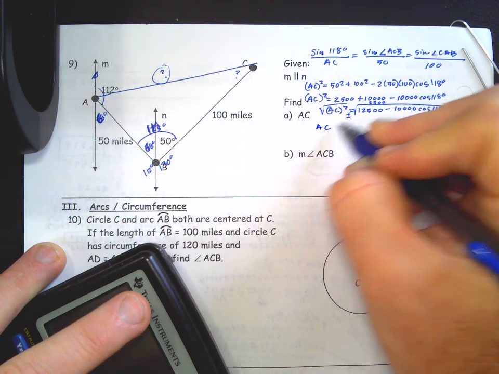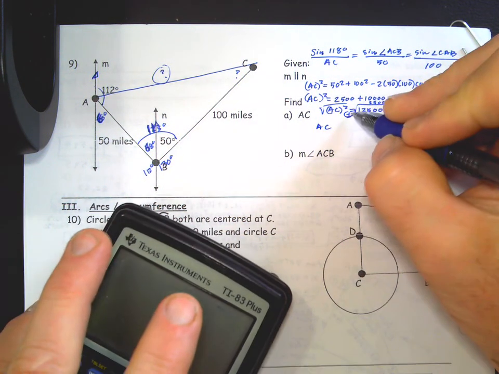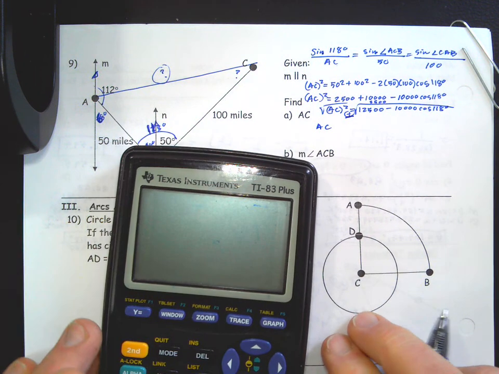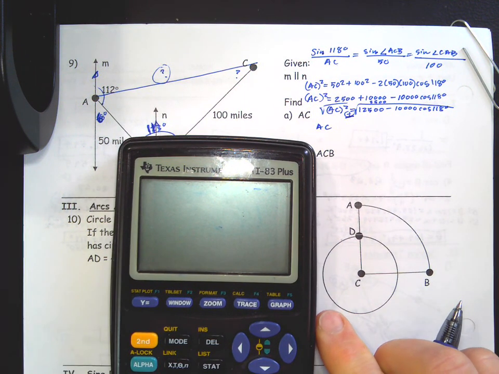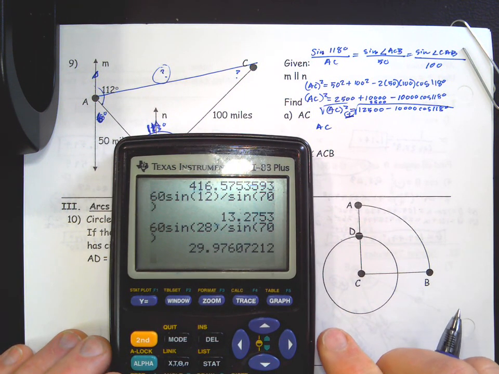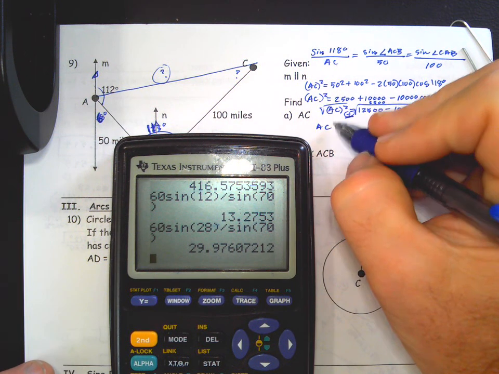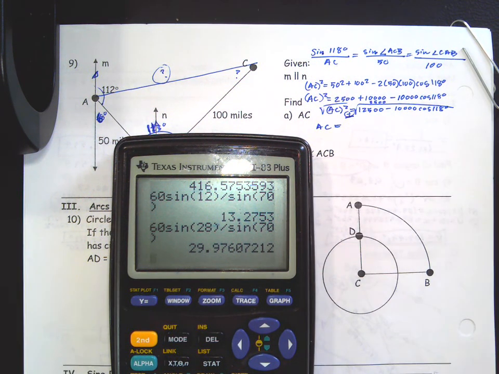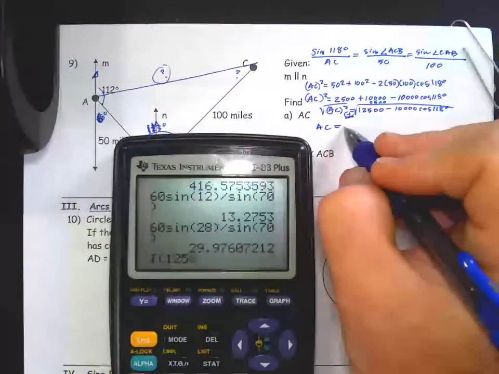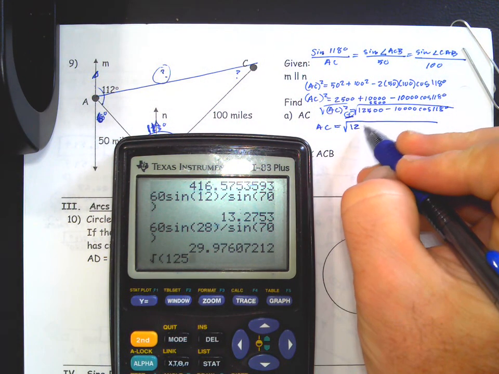We're going to go with the plus this time, but I want you to always write plus or minus because algebraically that's true. Sometimes we take the negative, sometimes we take the positive, sometimes we take both. In this case, we're only going to take the positive. That's a decision we can make after the fact. So that's the exact answer right there, by the way. I mean, we could write that.